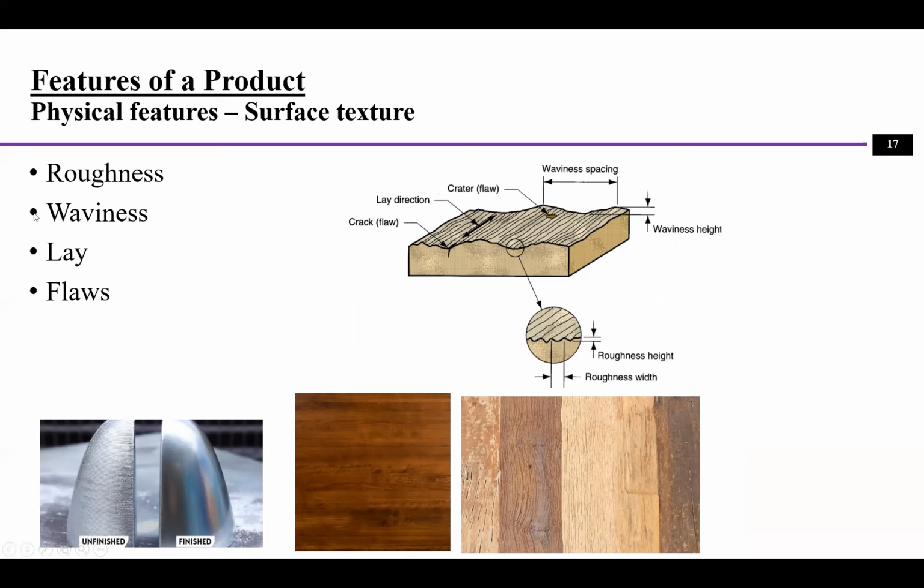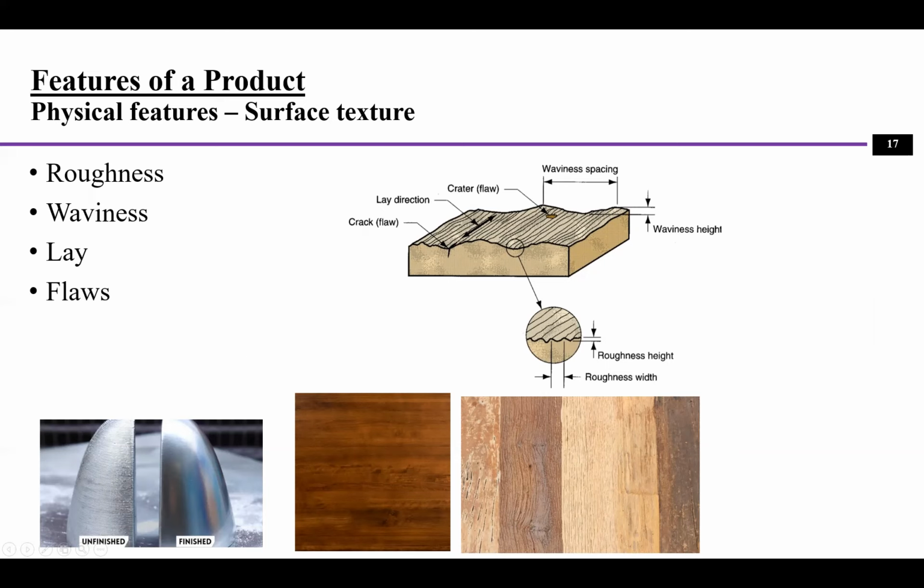And also we have waviness. With waviness, we're looking at more of a larger scale of those waves, the ups and downs. And also we can see the lay. Lay is basically the direction of these lines. Another aspect is called flaws. Flaws are defects.